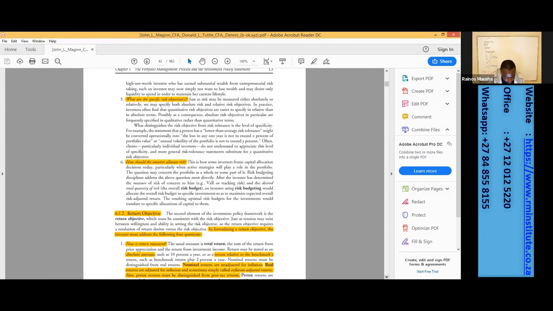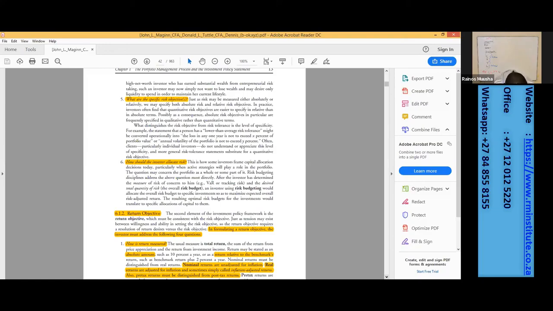The first question to be asked when it comes to risk is, what are the specific risk objectives? Which means you now need to find out exactly what the specific risk objectives are. Here they say, just as risk may be measured either absolutely or relatively, we may specify both absolute risk and relative risk objectives.